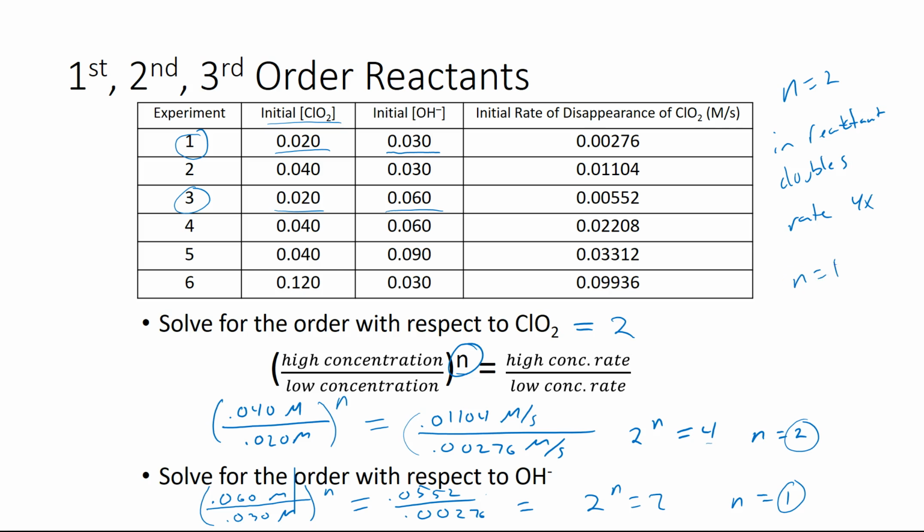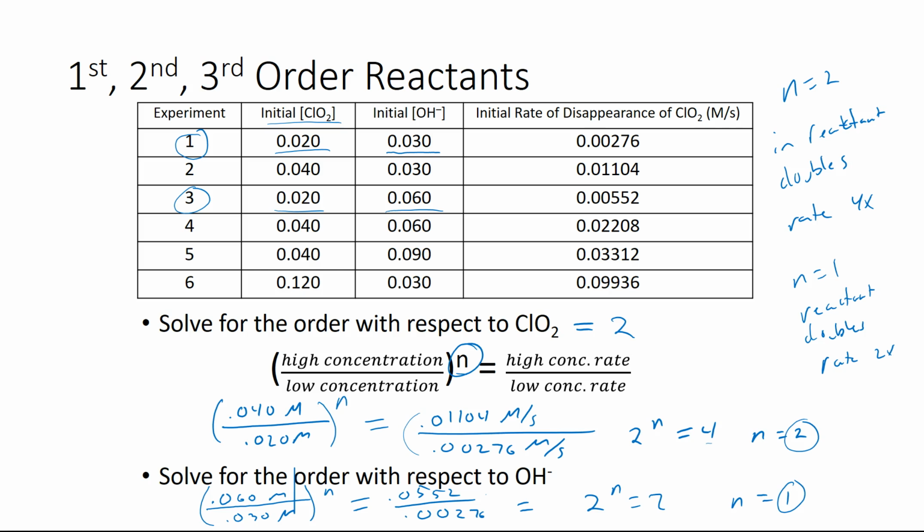If n equals 1, then that means if the reactant doubles, the rate also doubles. Okay, so the n there being an exponential value, right? If n is 1, whatever the change in concentration is, we should see an equal change in our rate.